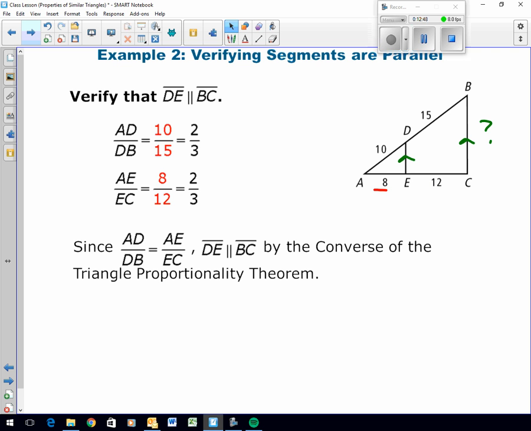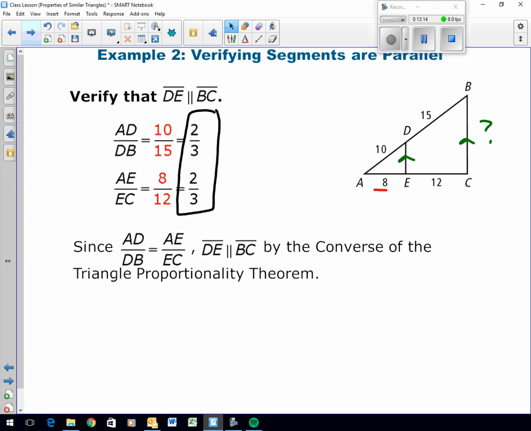When the ratio is the same, it means that the sides are proportional. When the sides are proportional, it means that the lines are parallel. See all the steps I got to take? First, I got to verify that the sides are proportional.